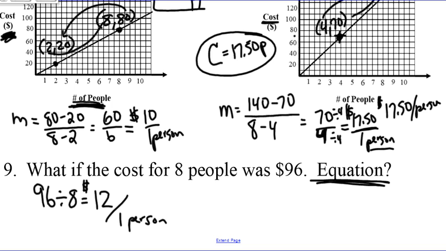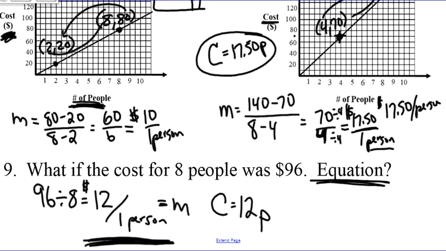That $12 per person is the change that's occurring, so that's our slope value as well. So the cost would be $12 times P, because the rate of change is 12, and it goes into our equation.